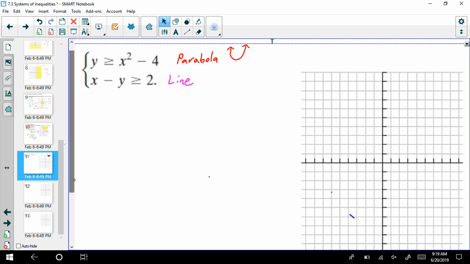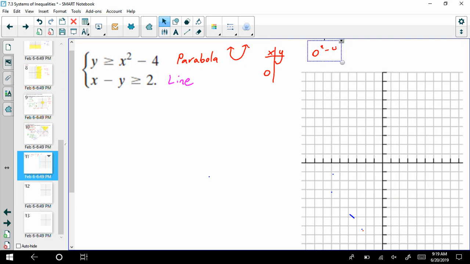To graph a parabola, I recommend, let's just make a quick table of values to get some points. And let's for sure do 0. So if I plug 0 in for x, I'd get -4 out.